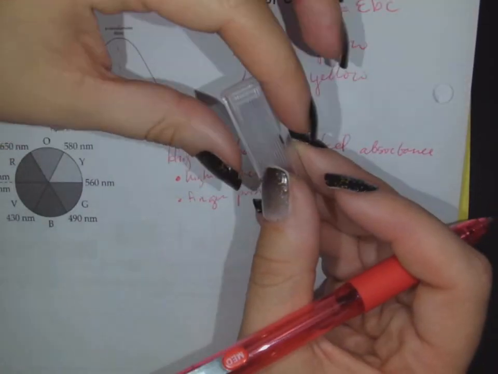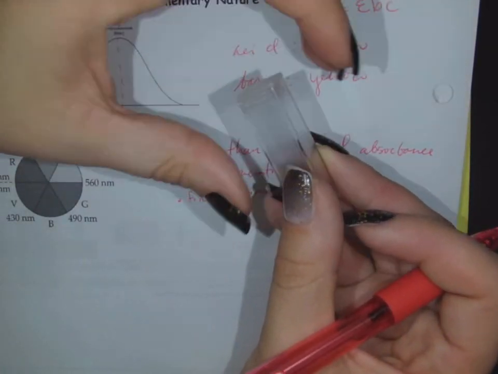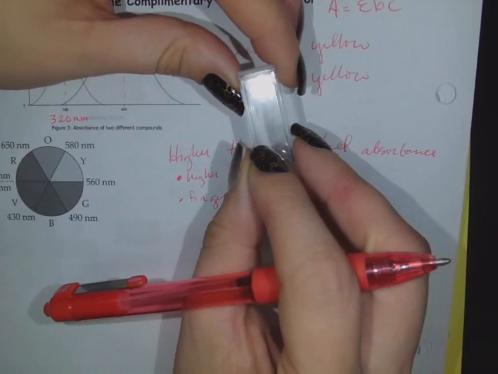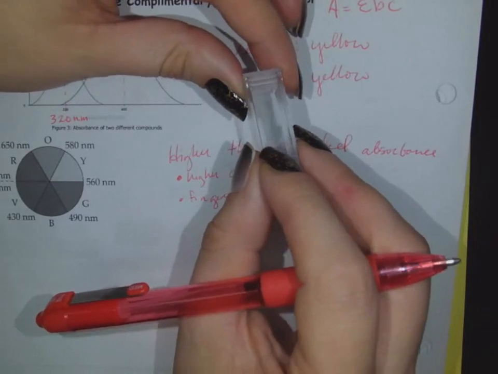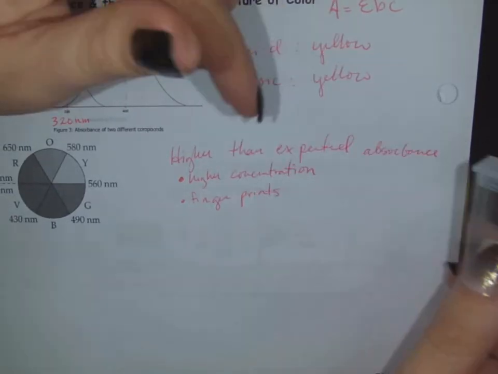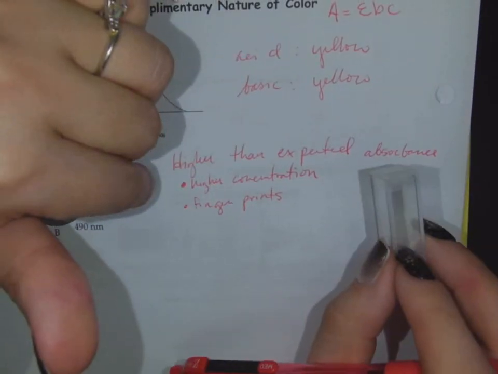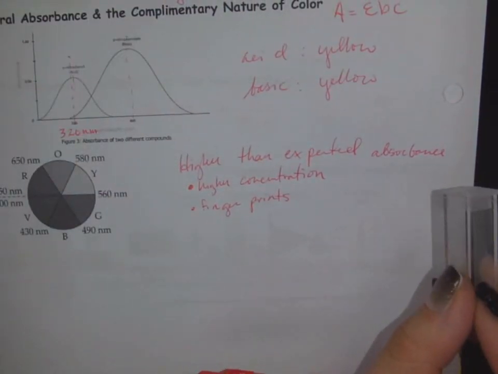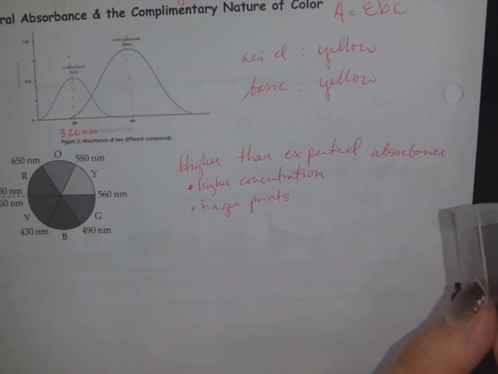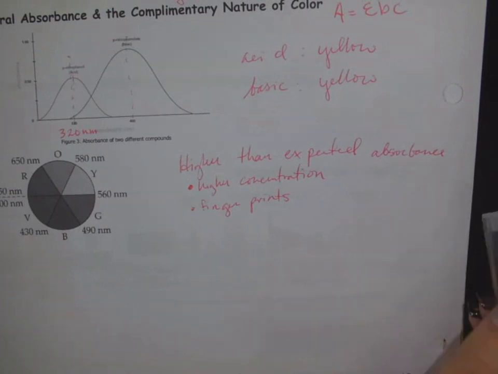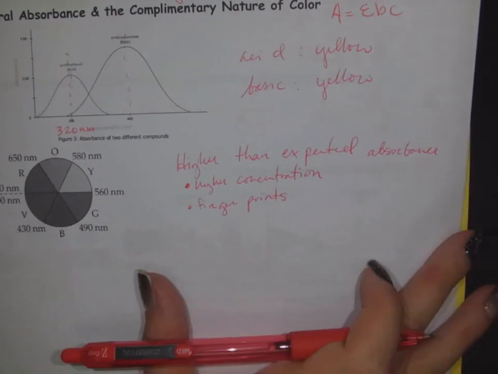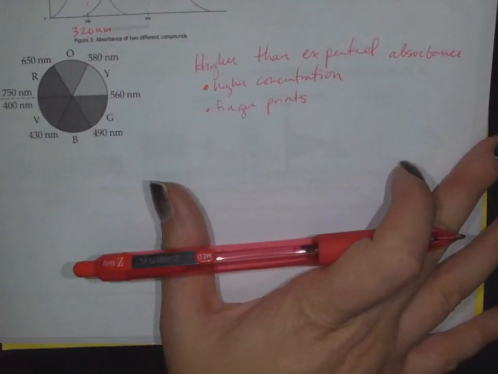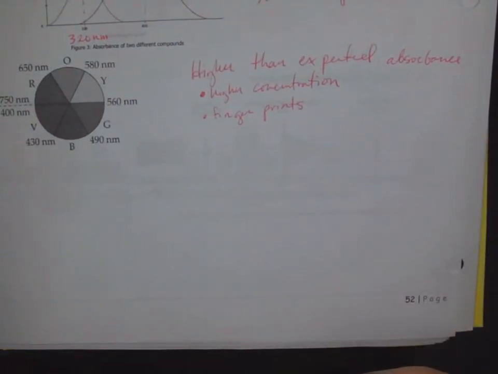If I put my fingerprints on here, that leaves something that will absorb the light. That would create a higher absorbance than you would expect if the fingerprints weren't there. So that's a really common reason we get higher than expected absorbance. I would say those are the two most common reasons.